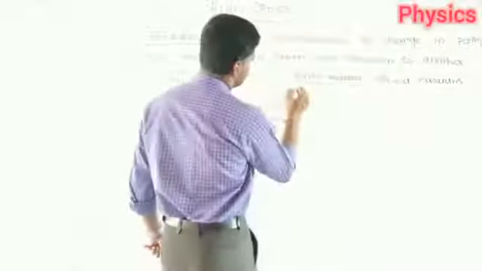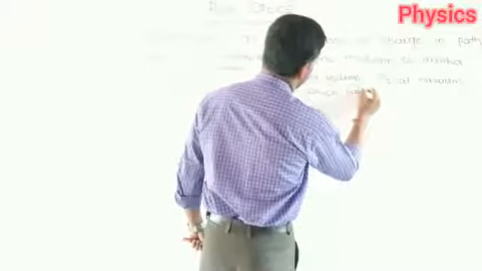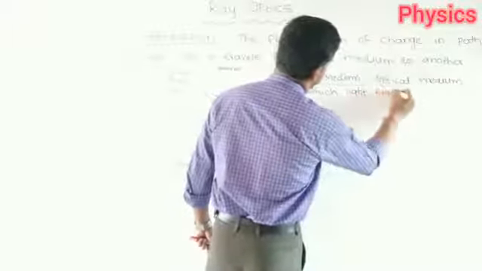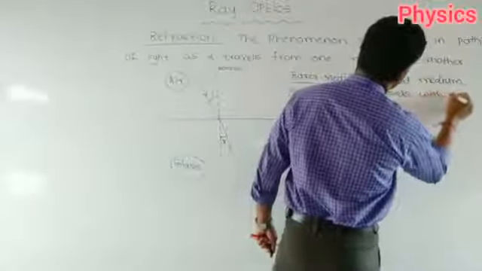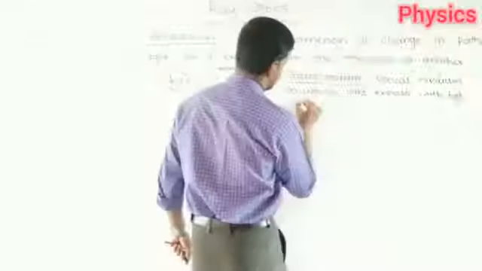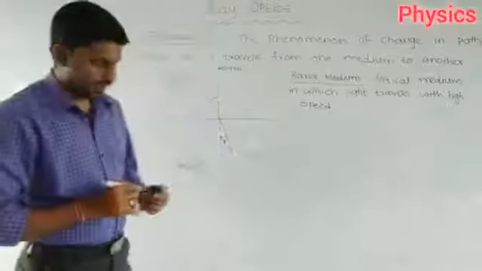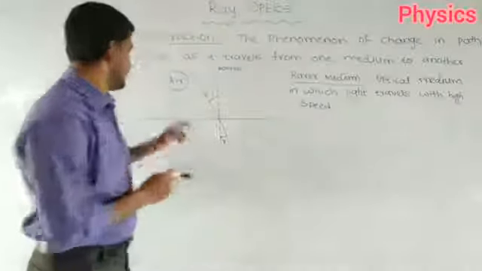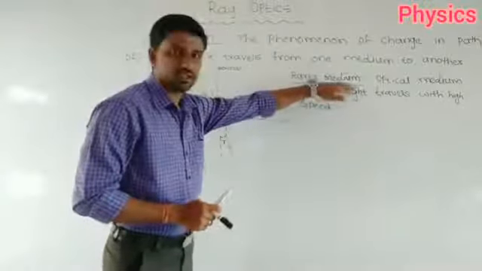in which light travels with high speed. That type of medium is called a rarer medium.